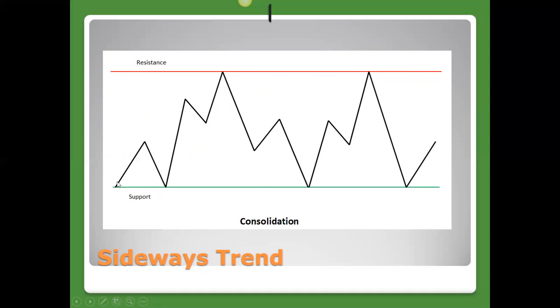In a range-bound market, price will just go up and down between these two lines, the support and resistance line. Every time the price goes up to the resistance area, it will push off of there, retrace off of that level, and go back into the range. Every time the price goes to the support, it will bounce off of that level as well and then go back into the range.